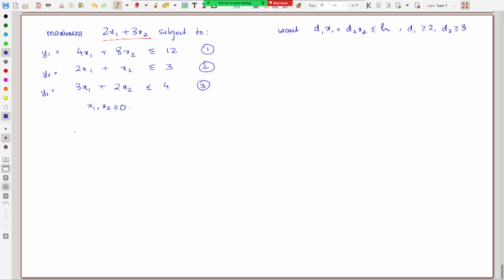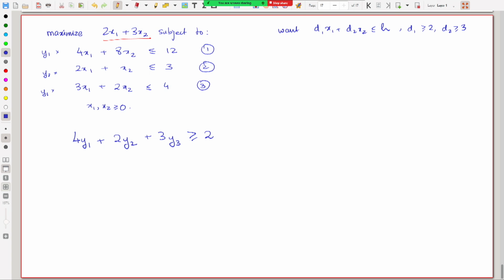So, if I do this, I will get d1 is 4 y1 plus 2 y2 plus 3 y3, right, and I want it to be greater than or equal to 2. That is the coefficient of x1.